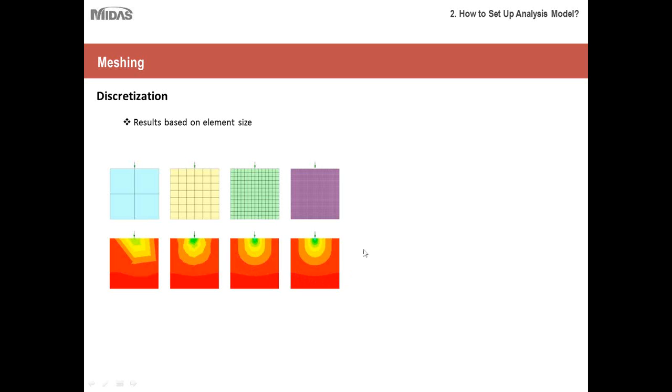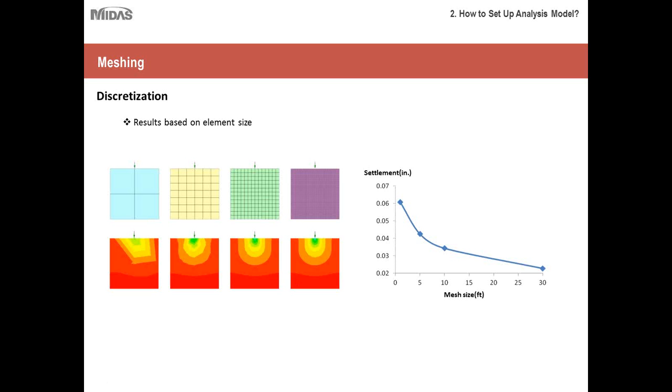So if you plot these results against the size, like the settlement or stresses, here we are discussing the settlement, with the mesh size, you can see that finer the mesh, higher is the settlement, but after a certain mesh size, the results will not vary that much. So when you hit that point, this means that that is the optimal size you should use for your analysis.